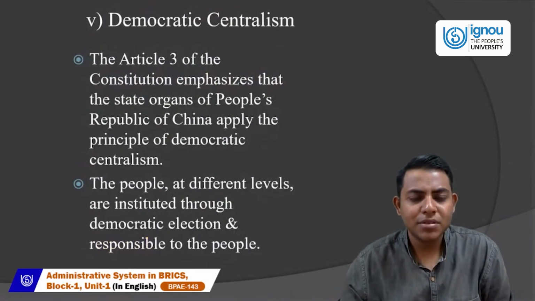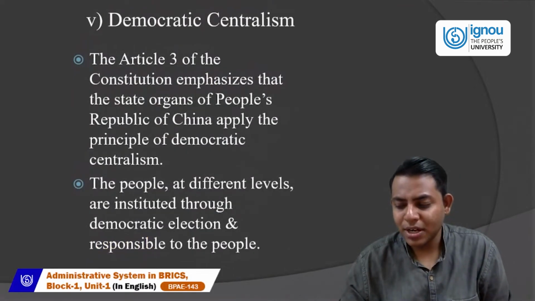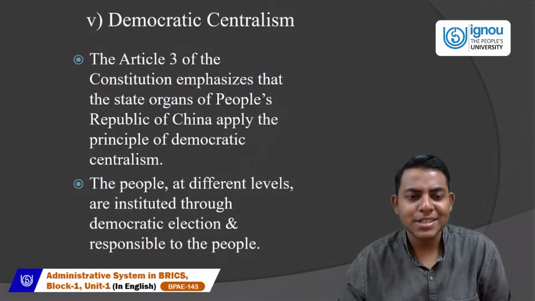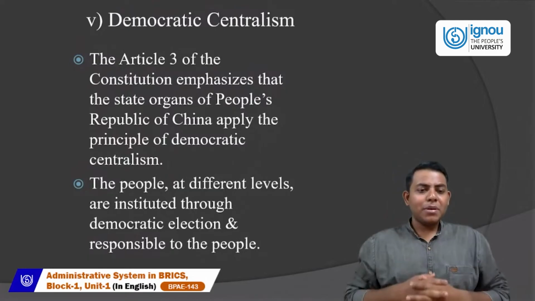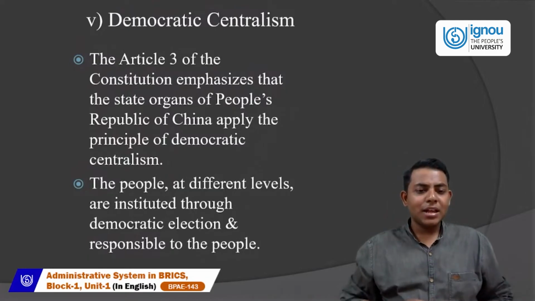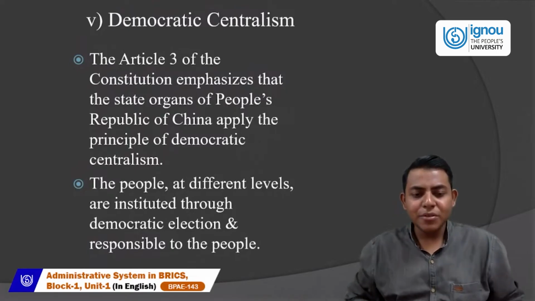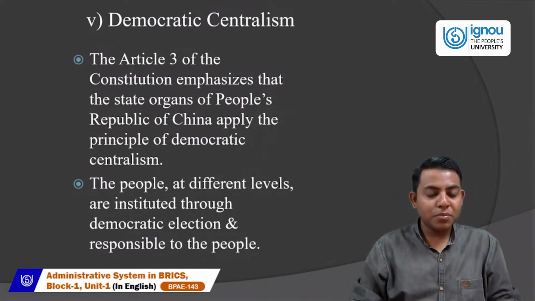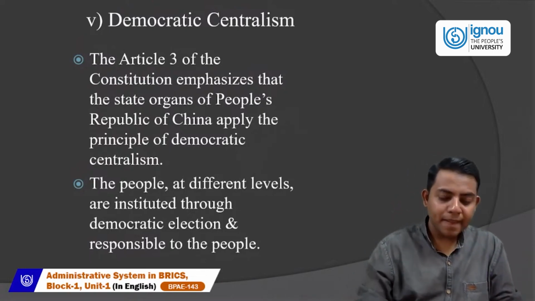Another feature of the Constitution of China is democratic centralism. Article 3 of the Chinese Constitution emphasizes that the state organs of the People's Republic of China apply the principle of democratic centralism. The people's congresses at different levels are instituted through democratic election and are responsible to the people as well.